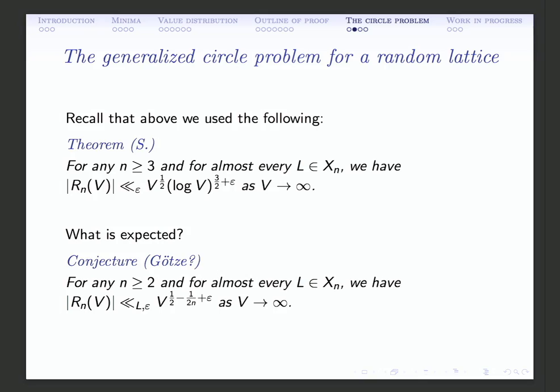So instead of square root here, you should be able to get a little bit below square root. And that should be the best possible, because Landau proved quite early on that he has omega results with this exponent, so you cannot do better. So if this conjecture is true, then it's optimal.